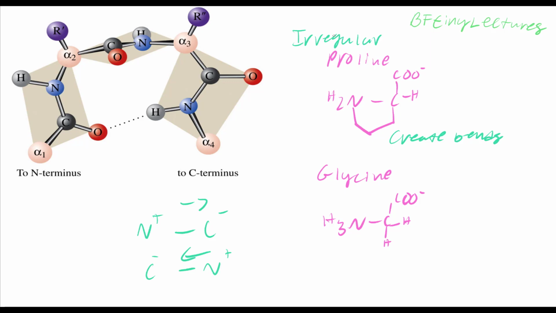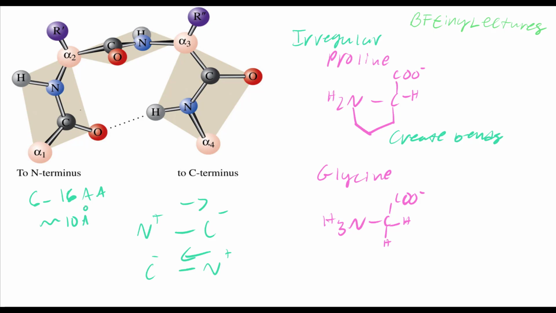Sometimes they differ in length, okay? They can range from about 6 to 16 amino acids, I would say. So one of the longest chains could be 6 to 16 amino acids, or about 10 angstroms long.